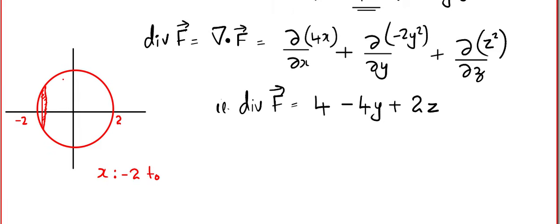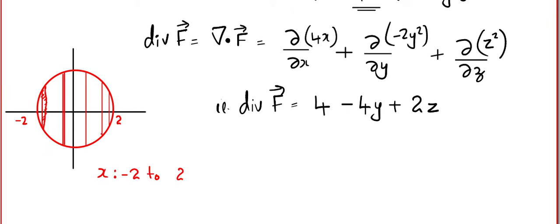Do you remember the slider that I told you about in multiple integrals? The slider starts from minus 2 and keeps on moving till we reach 2. So clearly x varies from minus 2 to 2.